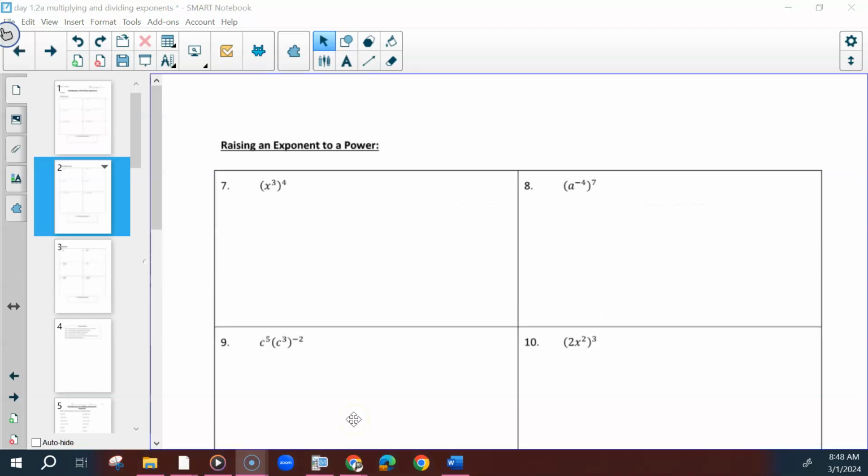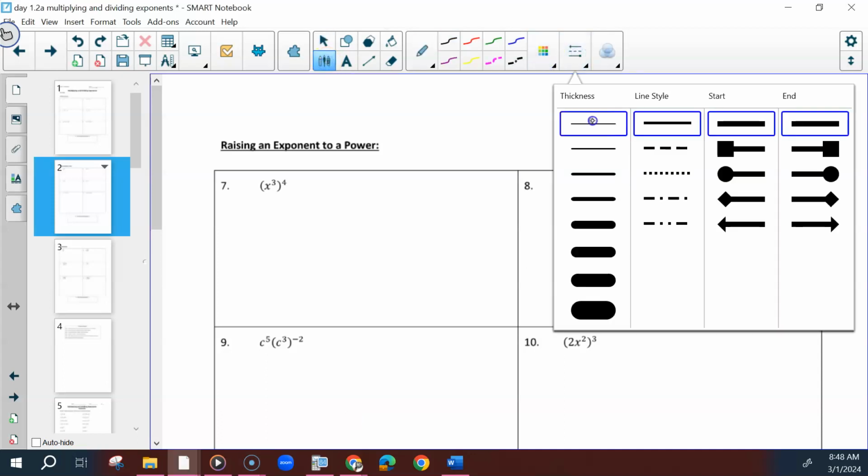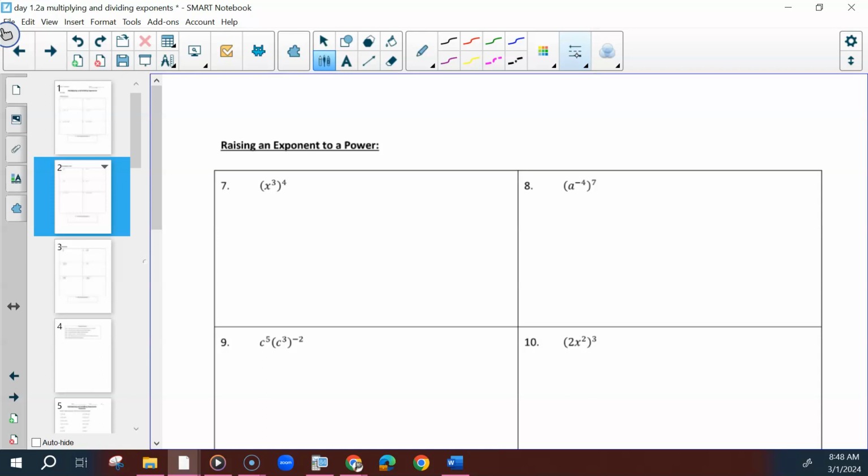Again, we're going to start with expanding, but our goal is to figure out what the rule is so we could stop expanding. So we could go straight from whatever the problem is to the answer. If we were to start expanding this, x to the third to the fourth would be x to the third 4 times.